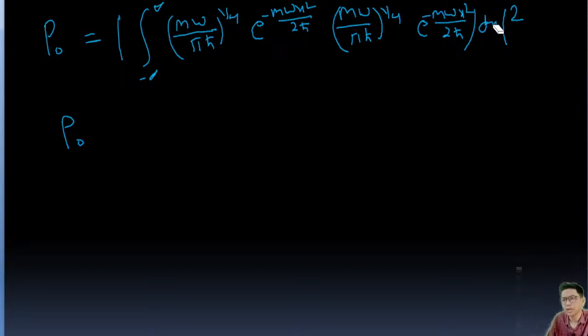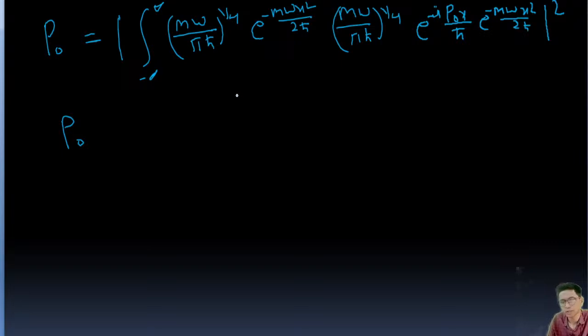Also guys, here we have this one as well, e to the power minus iota P naught x upon h cut, e to the power minus m omega x square upon 2 h cut, mod square.